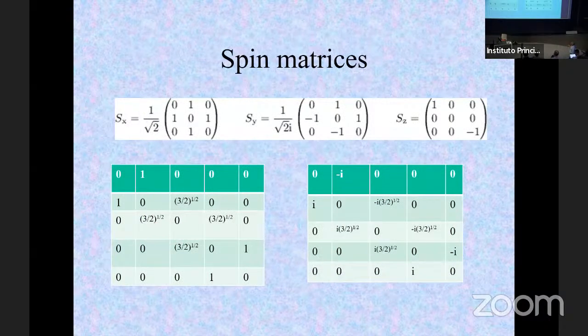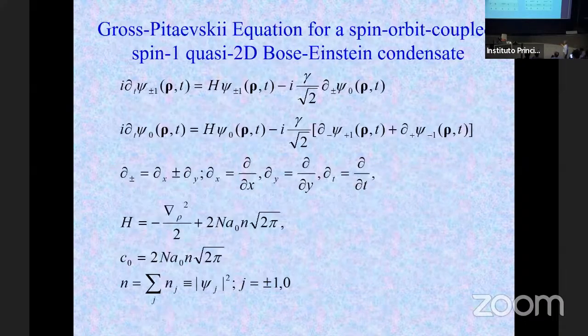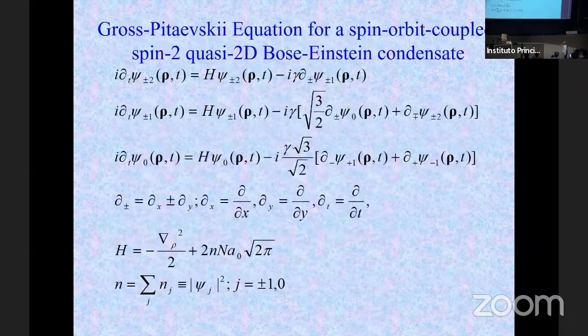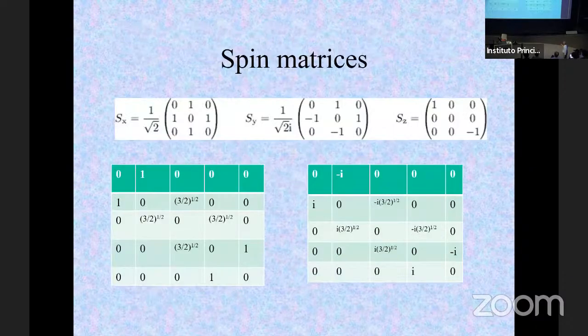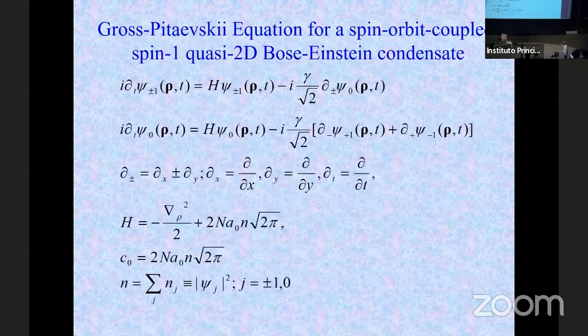So you have seen those are the sigma x, sigma y, sigma z. This is sigma x and sigma y. This is spin 1, this is spin 2. So the Gross-Pitaevskii-type equations have this form.